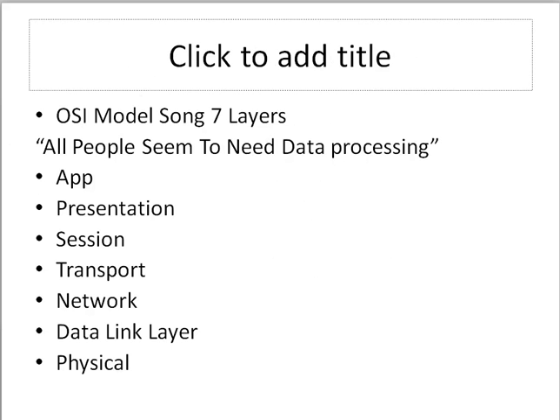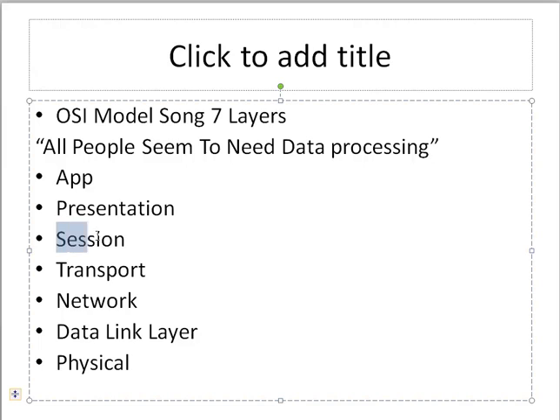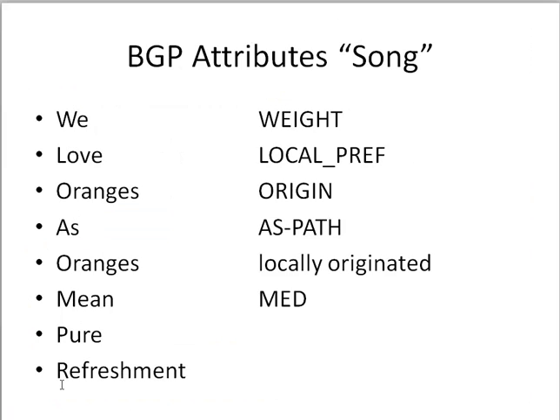All People Seem To Need Data Processing, and there was probably a couple weeks or a couple days where you had to sit here and memorize what each one was, what each one does. Is P physical or is P a peer physical? So it's like going back to the basics, the same thing, but just for BGP.